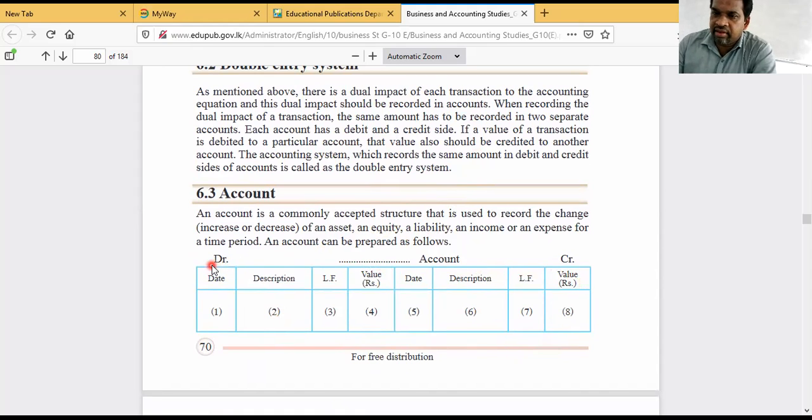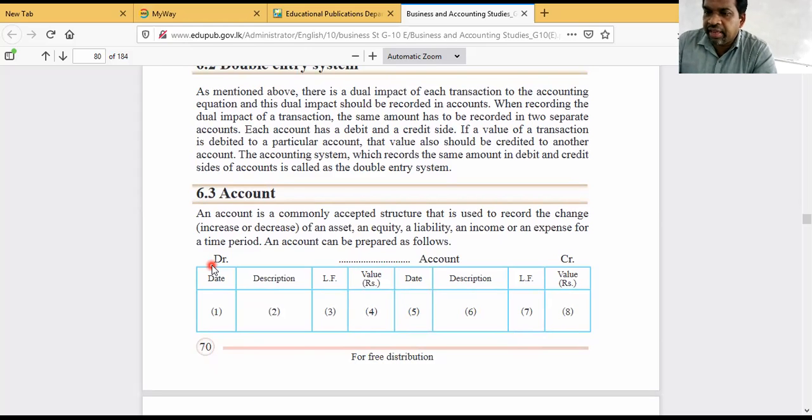An account is a commonly accepted structure which is used to record the change, increase or decrease, of an asset, equity, a liability, an income, or an expense for a time period.